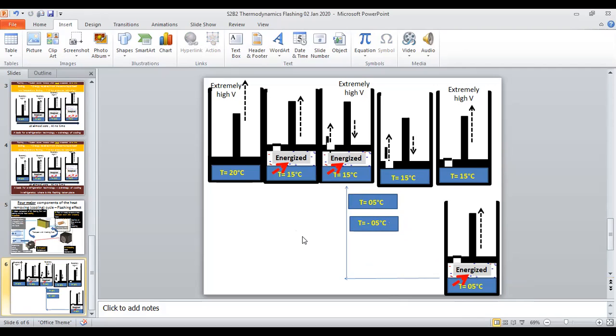So this is, I think, one of the technologies they use, for example in nitrogen liquefaction, nitrogen refrigeration. So this can be a cold head.